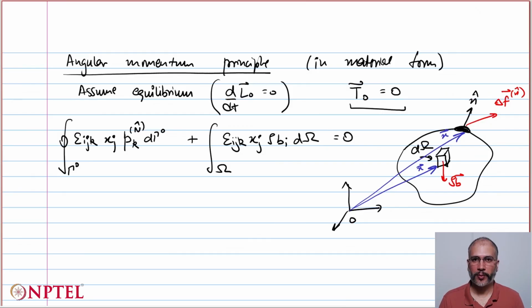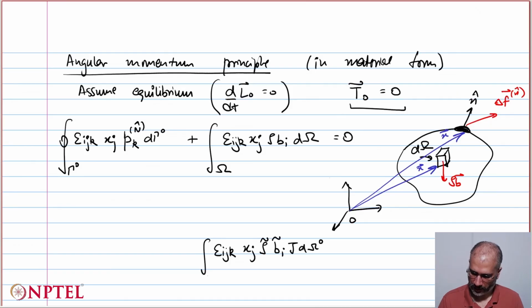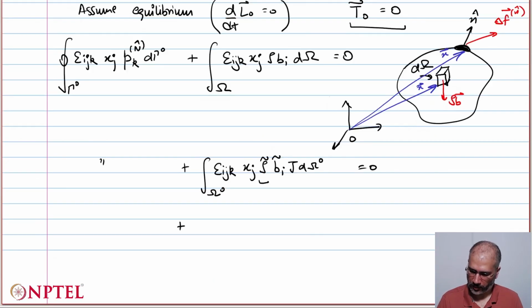Now, since we want to express things in the material configuration, I'll write the second integral in the reference configuration as well. So I express my rho in the Lagrangian description, bi in the Lagrangian description, and d omega becomes J times d omega naught, and now the integral happens on omega naught. And this rho tilde times J is rho naught.